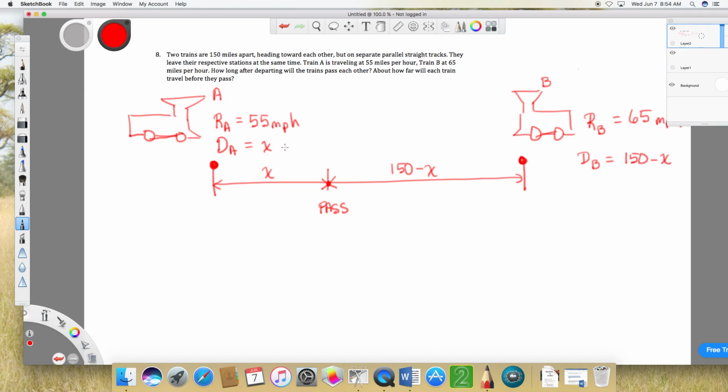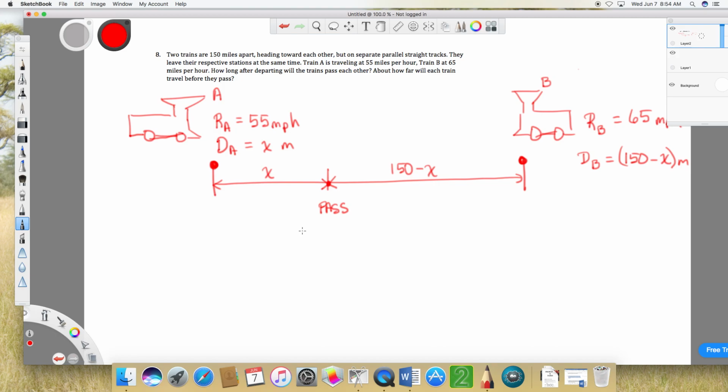And that's in miles. Now, we don't know the length of time that the trains have been traveling, but we do know that they started at the same time and they're going to pass each other, so they've been traveling on the tracks for the same length of time.